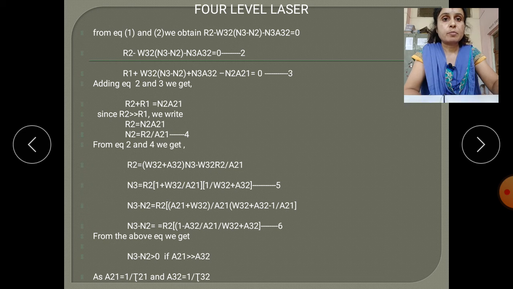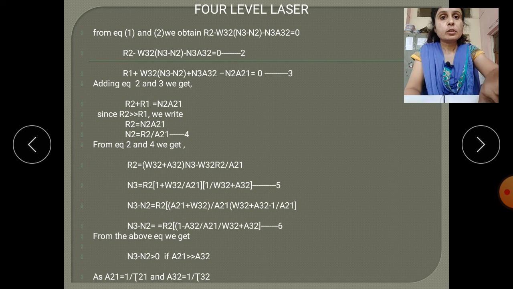From equations first and second, we obtain (R2 minus W32)(N3 minus N2) minus N3 A32 is equal to 0. In this manner we can derive the expression for the population inversion between levels N3 and N2 according to the stimulated emission processes that take place.